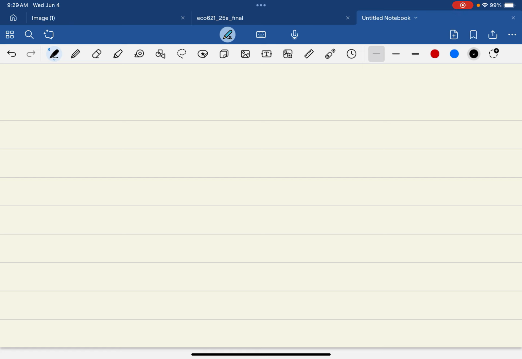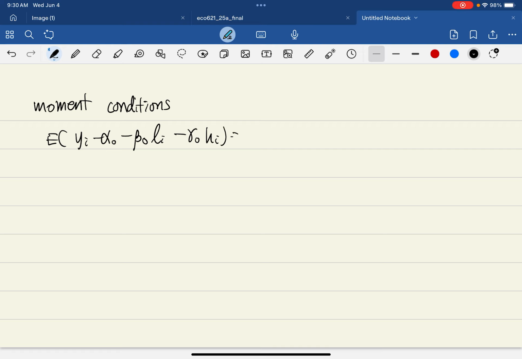So first, the moment conditions we had are these. Expectation of yi minus alpha 0 minus beta 0 li minus gamma 0 hi equals 0. This is about intercept, right? About the constant term, it is multiplied with the constant term is 0.